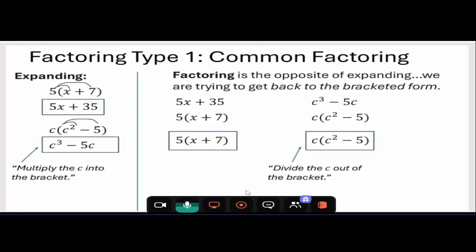Same thing for this one. When we expand the bracket, we multiply the c into the bracket. When we factor, we divided the c out of the bracket. C cubed minus 5c, divide them both by c, and you get c squared minus 5. So you pull out what's common in front and divide everything that's left behind.